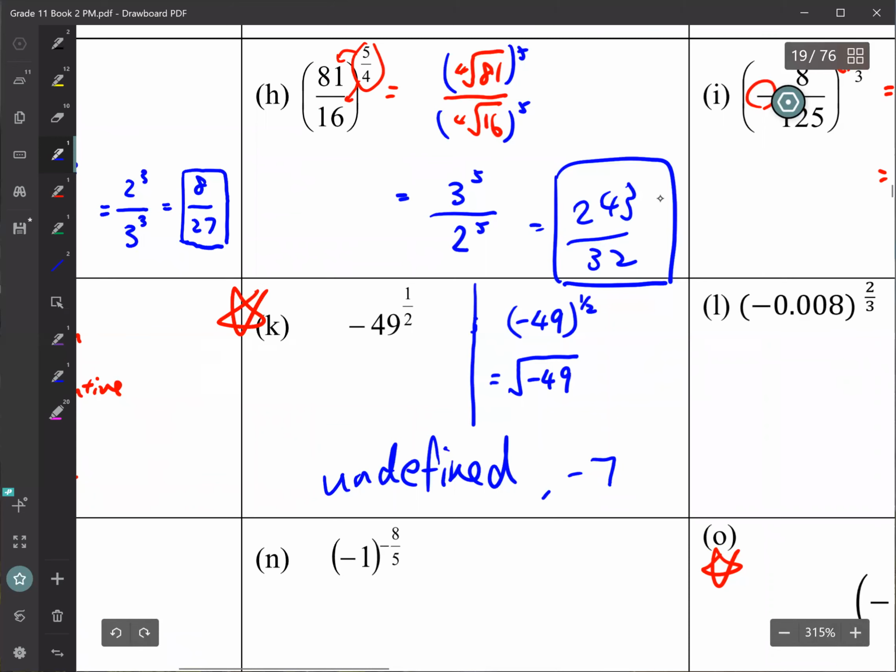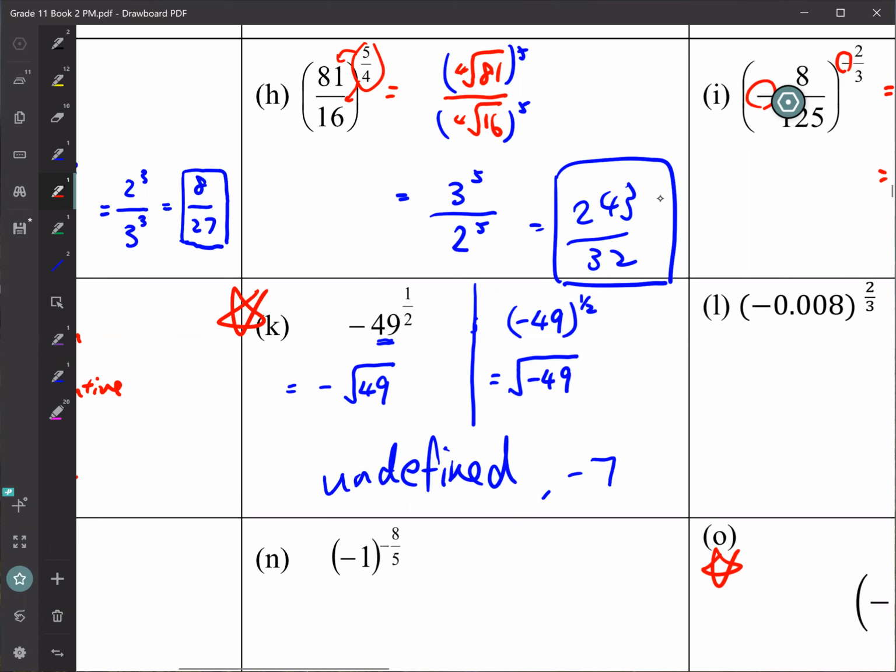If there are no brackets, that means the 1/2 only applies to the 49. So the negative just stays outside, and you get negative square root of 49. It's different, okay?